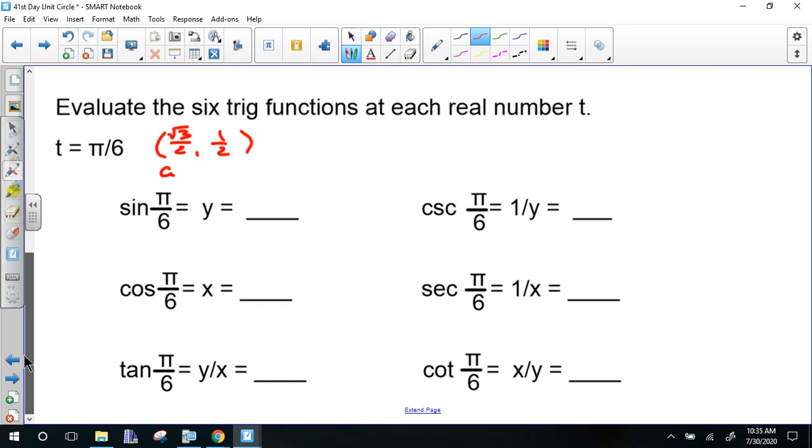And remember that cosine is the x, sine is the y. So sine of pi over 6, or the y value, is 1/2. Cosine of pi over 6, or the x value, is square root of 3 over 2.